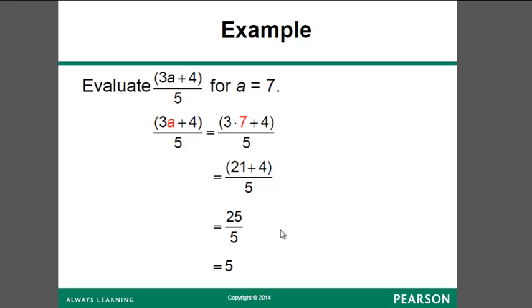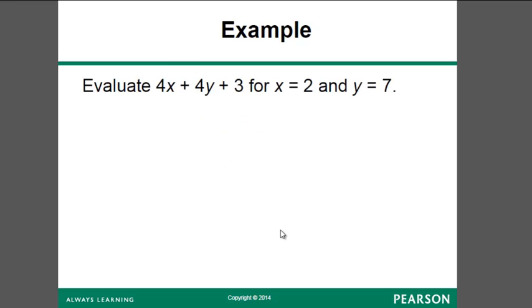Let's look at another example. I want to evaluate 4x plus 4y plus 3 for x equal to 2 and y equal to 7. I realize some of you are probably panicking now that I've thrown in x's and y's. Don't panic at this point, please. Notice I'm just going to replace them with numbers again.